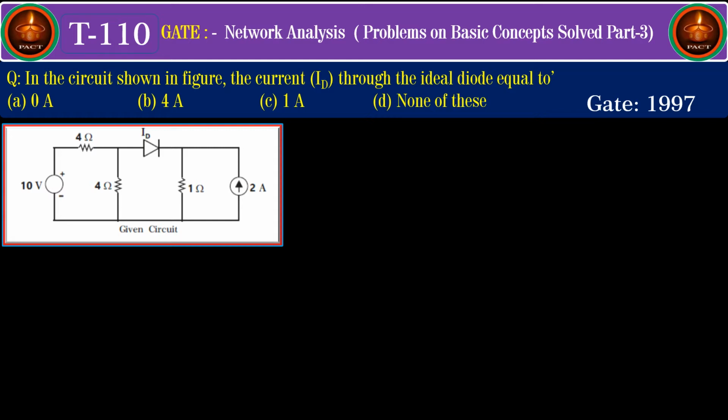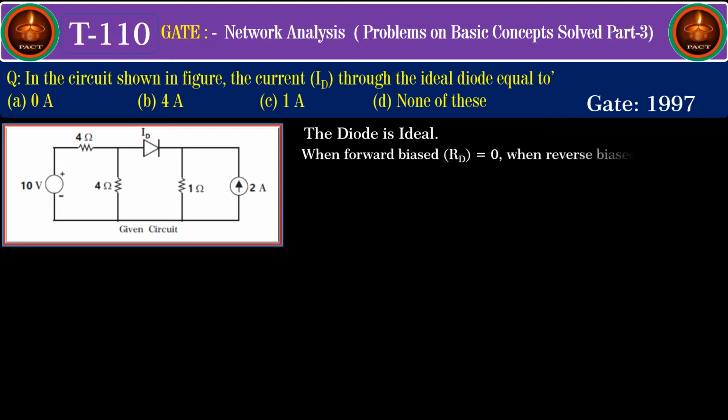We know that the diode is ideal. When it is forward biased, RD will be equal to 0 and it is as good as a short circuit. When it is reverse biased, RD will be infinity and it is as good as open because the diode is ideal.